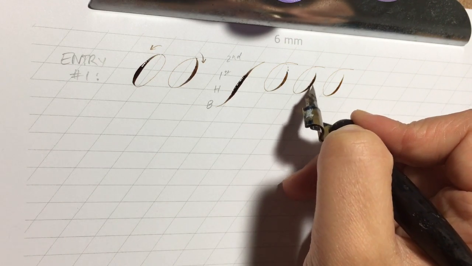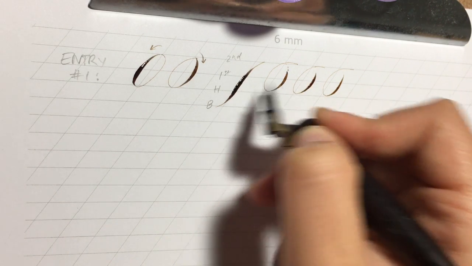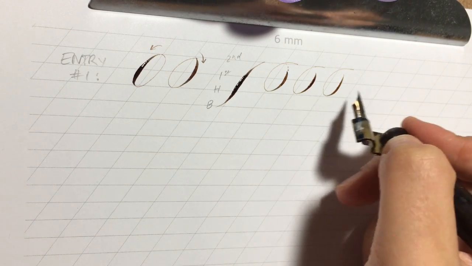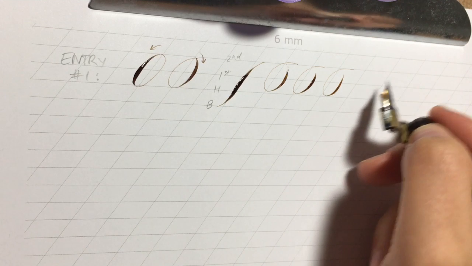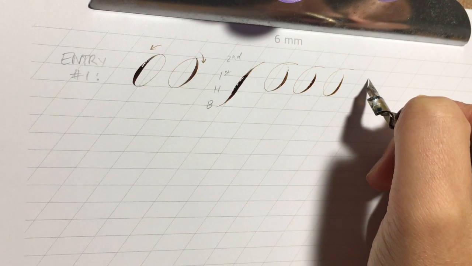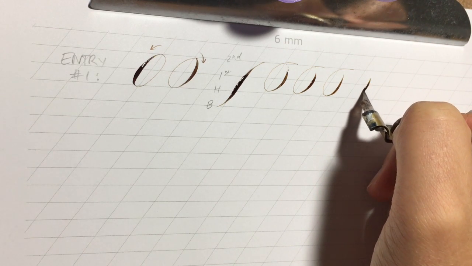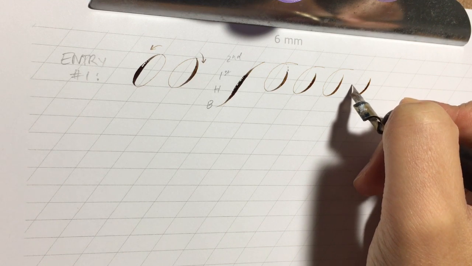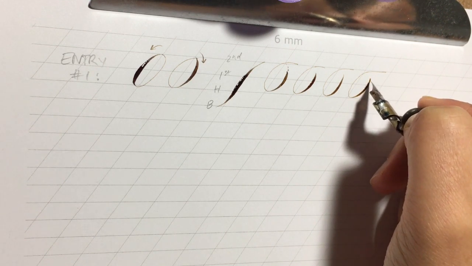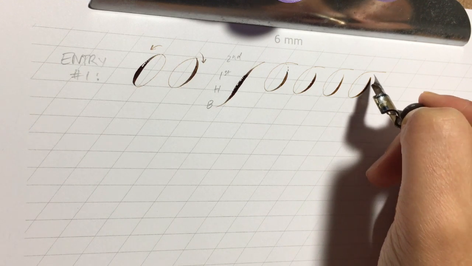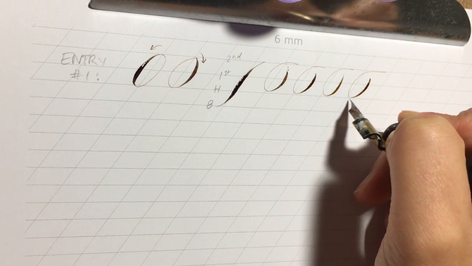So for the entry element, you want to make it a little less thick. It's a secondary shade, so it shouldn't be the same width as this shade. It should be a little bit less. And when we make letters, you'll see why. So again, you don't want to make it extremely thick.